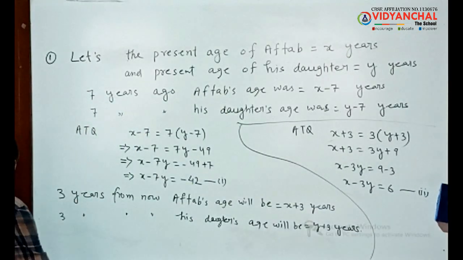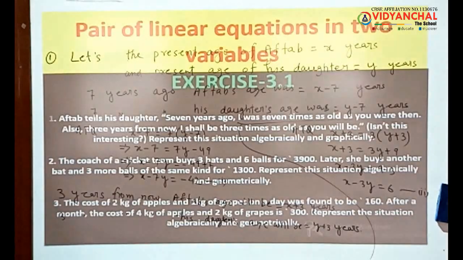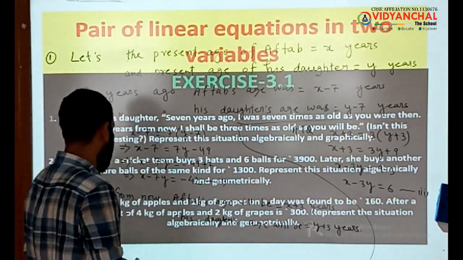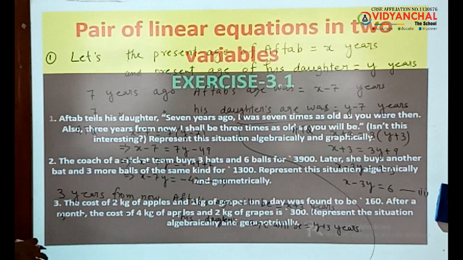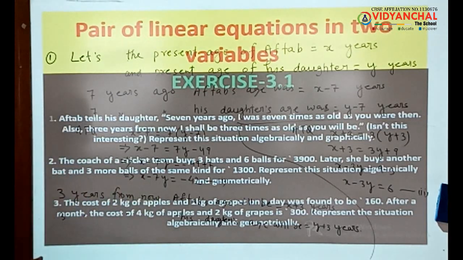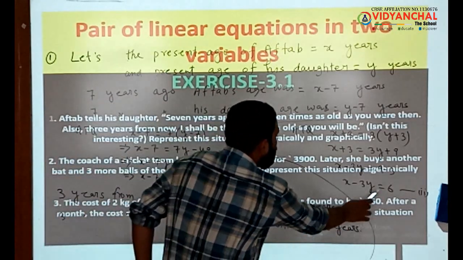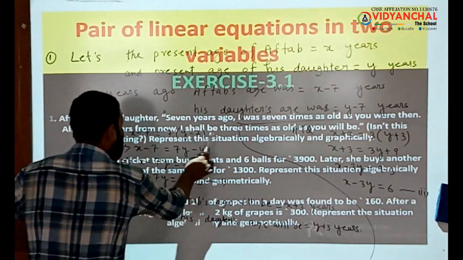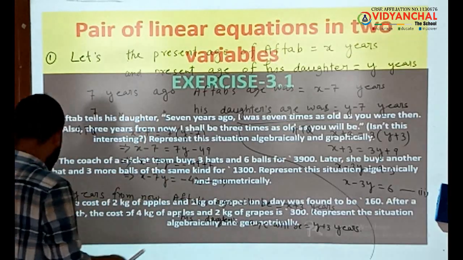Now, what are we supposed to do? We are supposed to represent this situation algebraically and graphically. Algebraically, we already showed it in these equations of x minus 7y equals minus 42 and x minus 3y equals 6. Now, from these equations, we need to draw a graph, right? Because it is said that we have to represent this situation algebraically and graphically also.